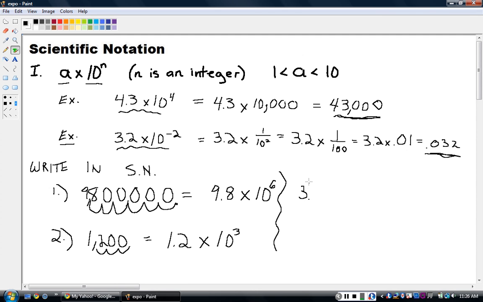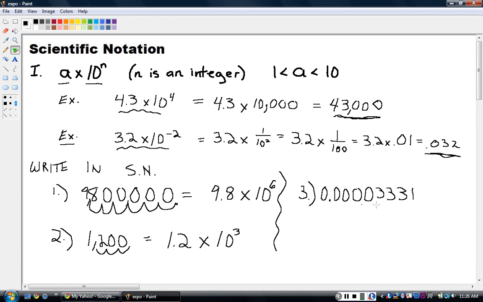Example 3. So now we got to deal with the little guys, the little numbers. 0.0000331. Okay? Alright, so once again the first number has to be between 1 and 10. So here you're going to move the decimal place in a different direction, right?